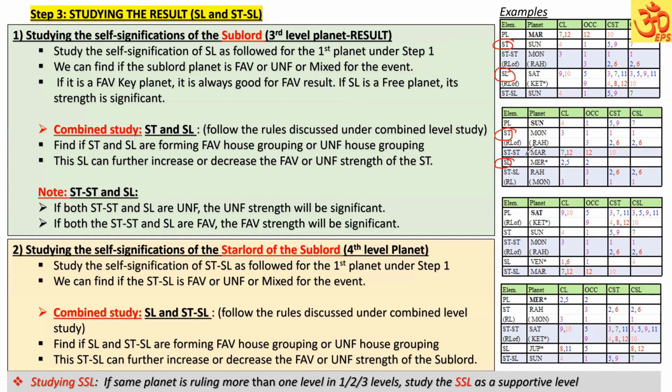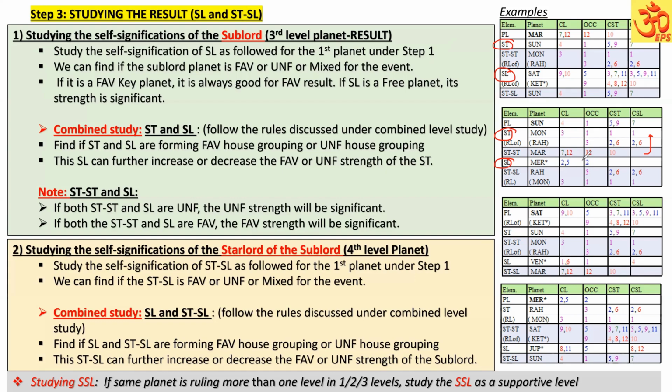The Star Lord of the Star Lord is a secondary level to the Star Lord. That combined level study we did in the previous step. It means whether the Star Lord's strength is being further supported by the Star Lord of the Star Lord or not. It means whether the Star Lord of the Star Lord is further increasing the strength of the Star Lord planet or reducing it.